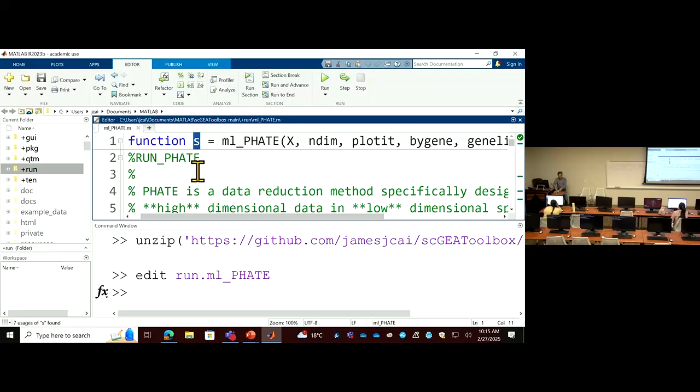So the input will be X. The input is X, remember? So you have number of genes, gene 1, 2, gene M, and that's your C, C1, C2, Cn. So that's your input dimension. So you put it in the fate program.